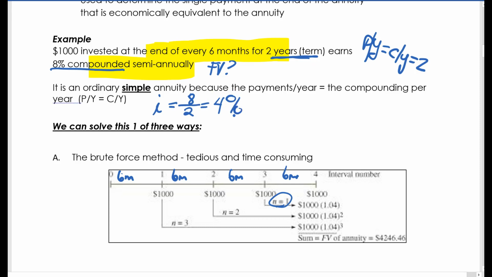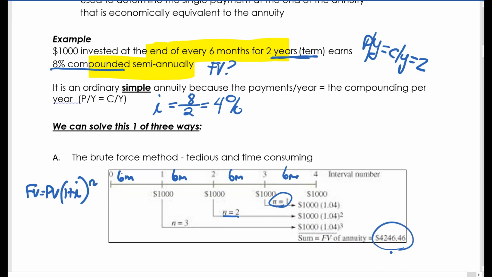At interval 2, that's two periods away, so 1,000 times 1.04 to the power 2, because we're using our future value equals present value times 1 plus I to the n. The first one is three interest periods, so that's 1,000 times 1.04 to the power 3, and you add them all up.